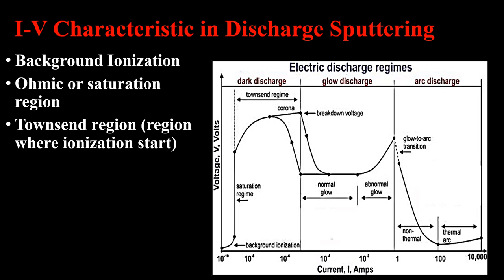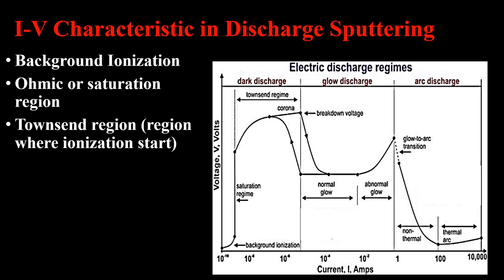Now when the number of electrons striking the gas atoms increases, and they have more energy, they will cause a start of ionization in a certain region, which is known as the Townsend region. The incident electrons are trying to ionize the argon or inert gas, and this is the point where the atoms get ionized.